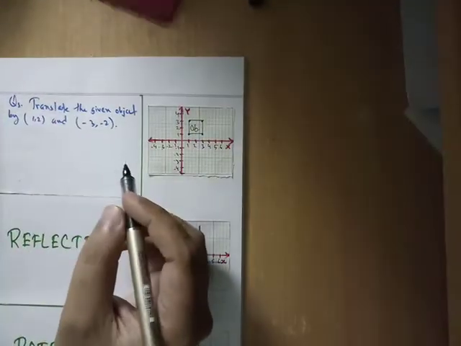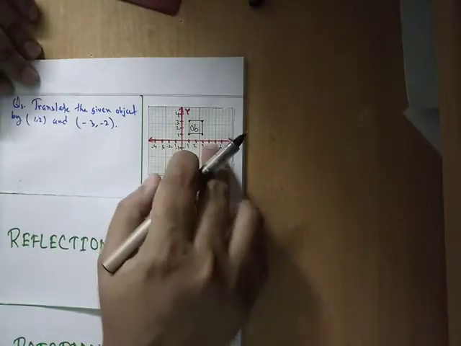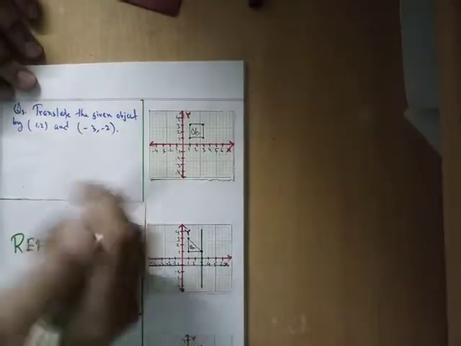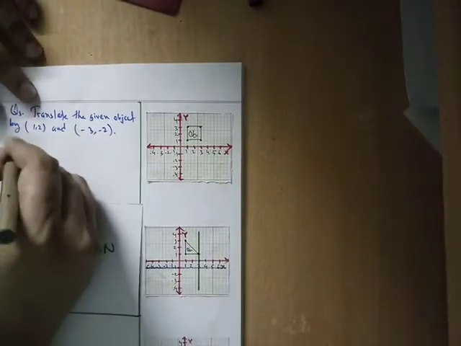So what I do is, with the coordinates of the object, I add this thing. So let us write down the coordinates of the object first.